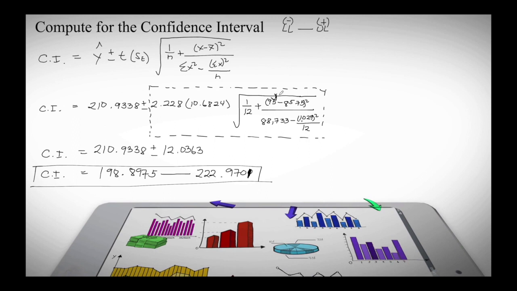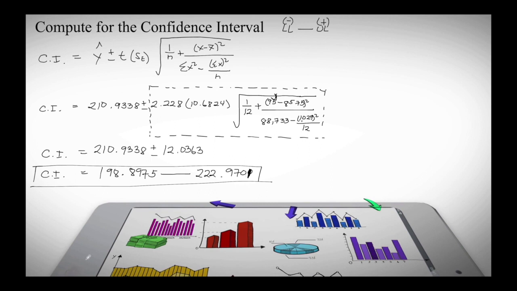If that is the temperature na gagamitin natin, we can expect, guys, that our sales pinakamababa na is 198.8975, or let's round it up, 199 na units. Ayun na yung pinakamababa, or hanggang sa 222.9701. Ito yung highest, or simply 223. No? So that is the purpose of the confidence interval sa ating regression analysis. Okay, so I hope you get it.